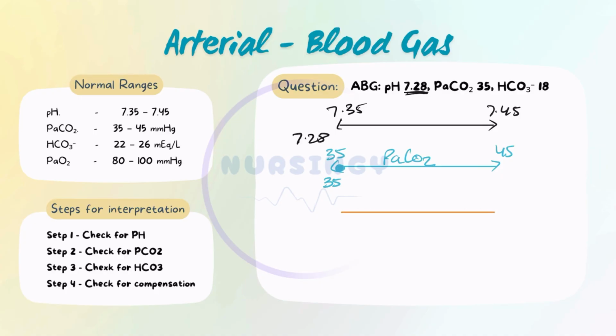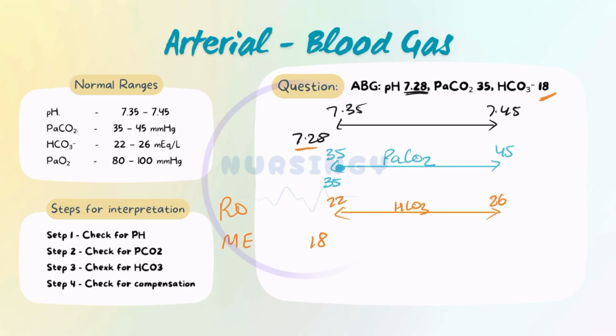Then we will move to the next step, HCO₃, where the normal level is 22 to 26, but the patient is coming with 18. So what we have learned in the past, with ROME: respiratory is opposite but metabolic is equal.